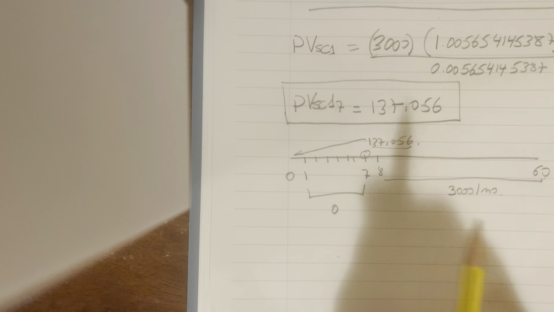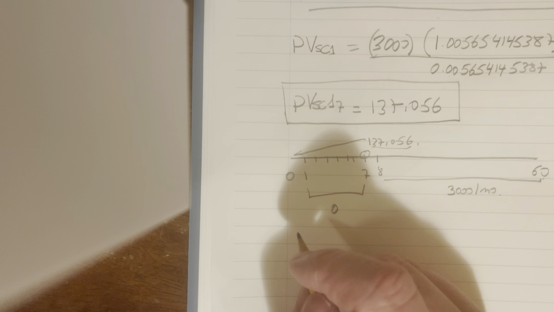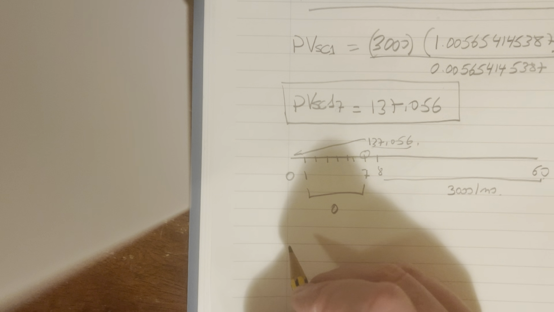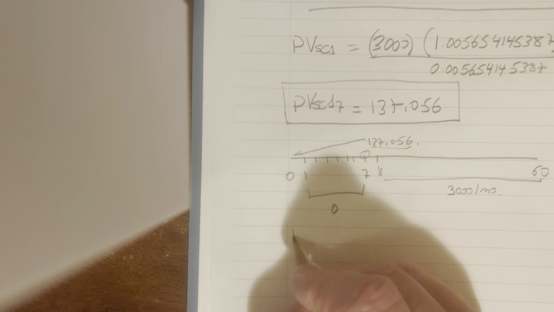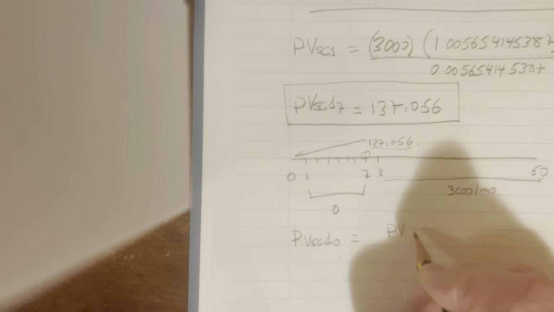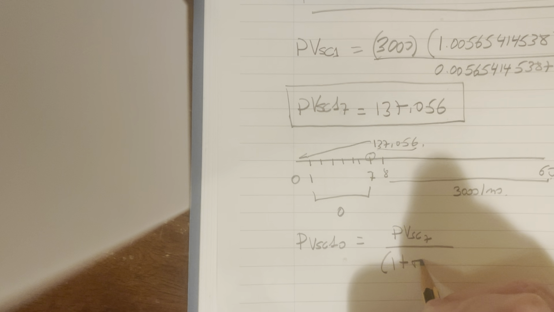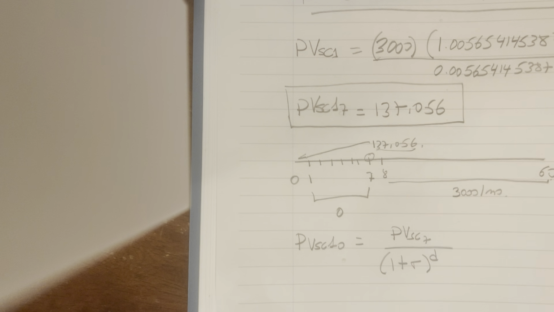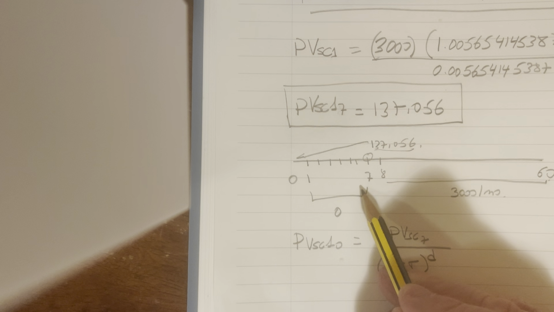Today is 0 time. So to calculate, the present value of scenario 1 at time 0, which is today, will be the present value of scenario 1 at month 7 divided by 1 plus r to the deferred term, which is 7 months, right? We deferred this by 7 months.